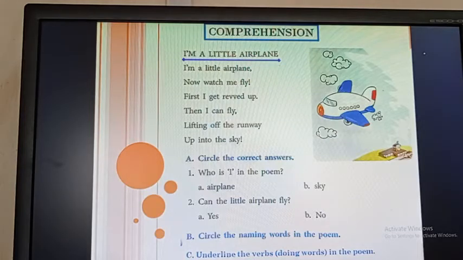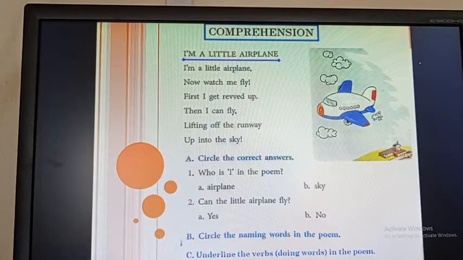In comprehension, what we usually do is we read the text or the content or the poem. Then after that we try to answer the questions. Basically, we comprehend meaning: we think, we read, then we understand, then we answer the questions.